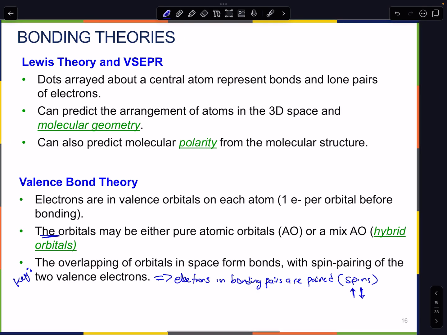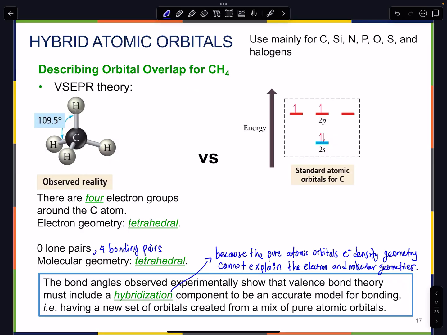One more of the reasons why we, as chemists, decided to build on this model of hybrid orbitals is because many times we need that new set of orbitals in order to agree with the electron geometries that we have on different molecules. And there is something that I want to say right now: when you want to get into the hybridization scheme for different atoms, what you should be looking at is the number of electron groups around a central atom.